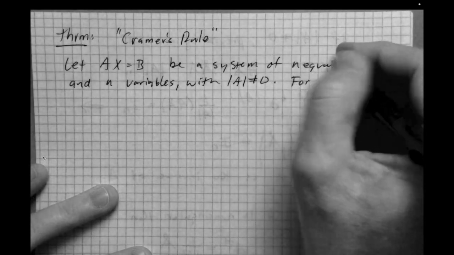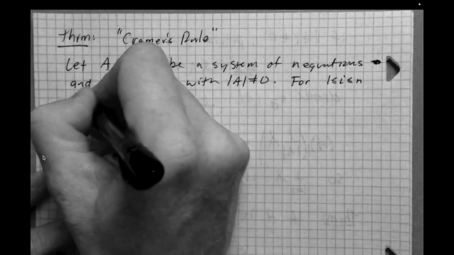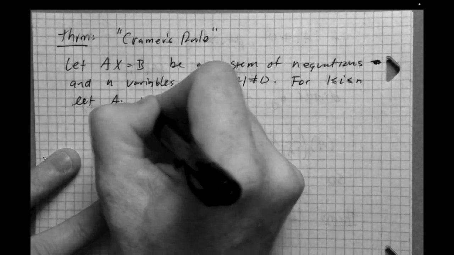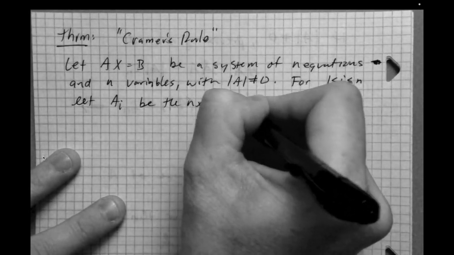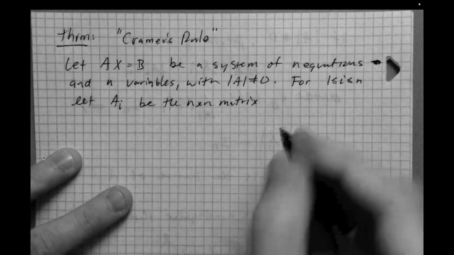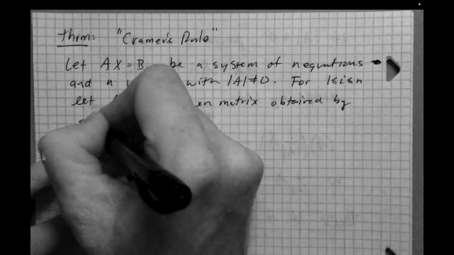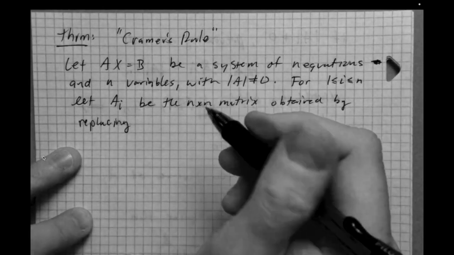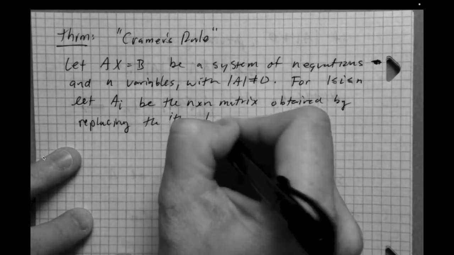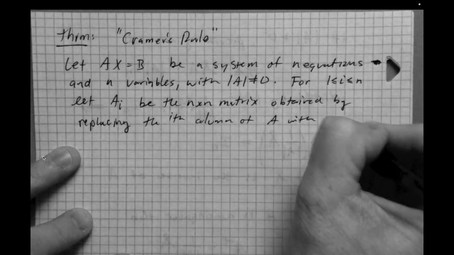Then for 1 less than or equal to i less than or equal to n, we're going to let A sub i be the n by n matrix obtained by replacing the ith column of A with b.